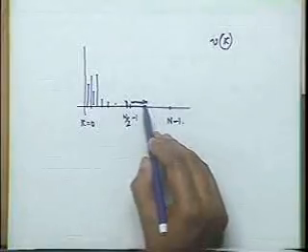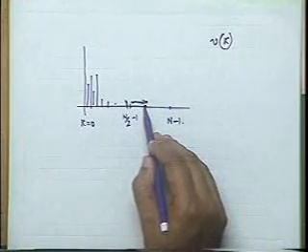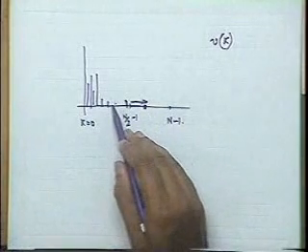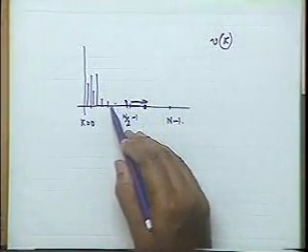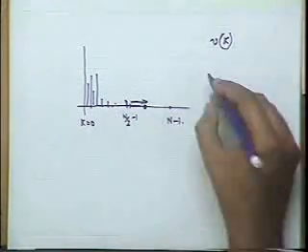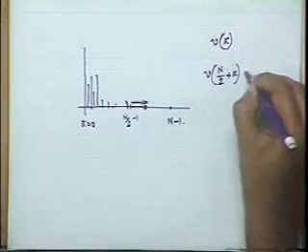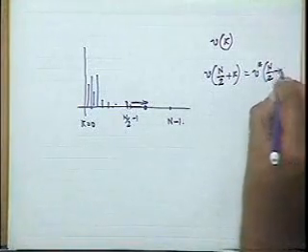So with reference to the one-dimensional signal, if I take the sample N by 2 plus k, that becomes the same as the sample N by 2 minus k, but after taking its conjugate. So in one-dimensional form, V of N by 2 plus k would be equal to V star of N by 2 minus k.